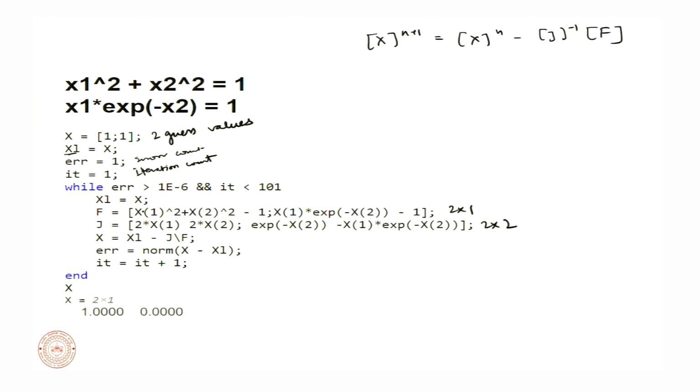You take the first expression and differentiate with respect to x1, so 2x1 for the first one, then the derivative with respect to the second variable, 2x2. Again for the next expression, you take the derivative with respect to the first variable, that is exponential of minus x2, and then the derivative with respect to the second variable, that is minus x1 exponential of minus x2. So this is your Jacobian matrix. This is your function matrix, and this is your Jacobian matrix.